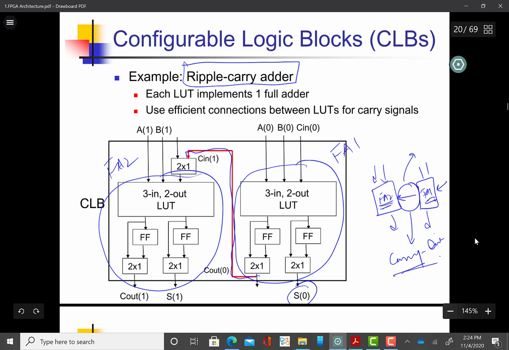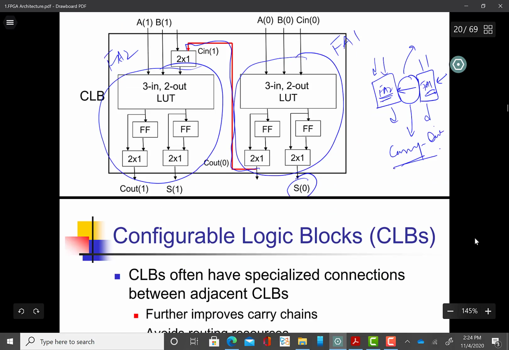That makes it very slow, and the propagation delay of a ripple carry adder becomes worse if the number of bits increases. So this kind of local connection between lookup tables can make it very fast.